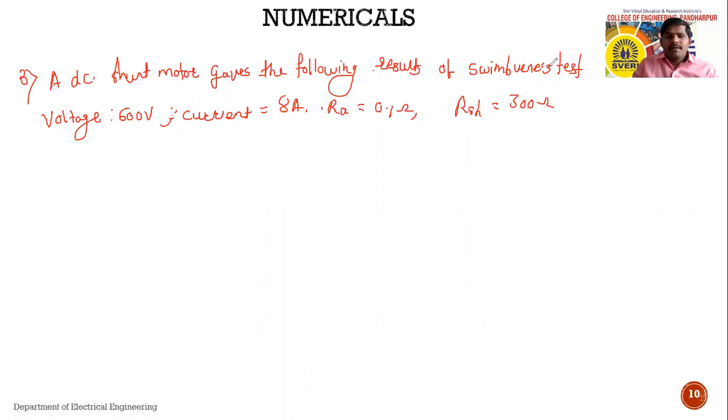Okay, बघा DC shunt motor आहे, it gives the following result. When Swinburne test it can be performed, ज्यावेळेस Swinburne test परफॉर्म केले त्यावेळेस हे रिझल्ट काय मिळालेत आपल्याला, voltage, current, armature resistance and field resistance.